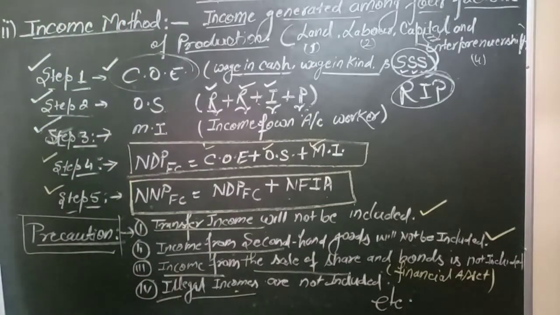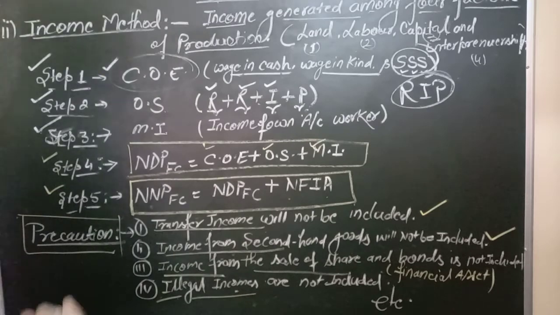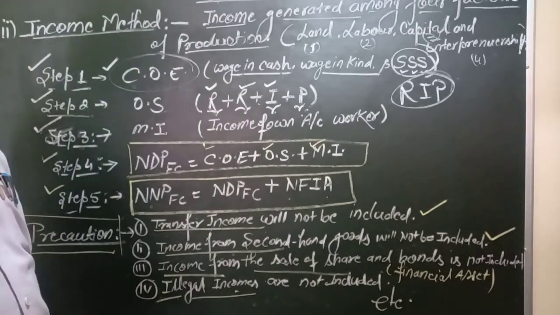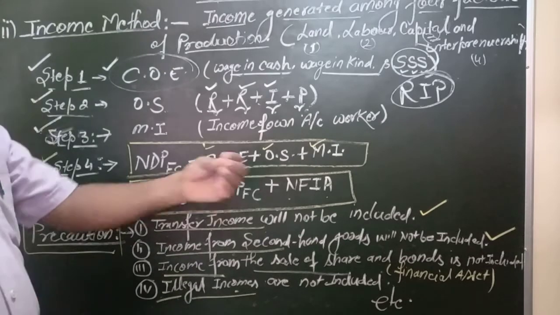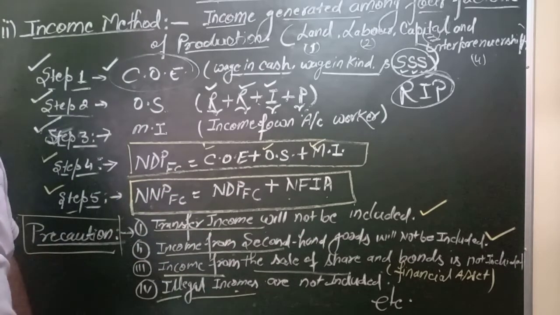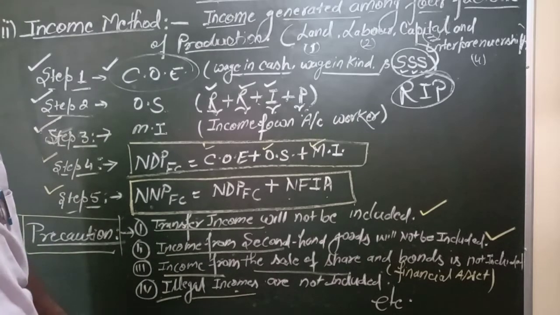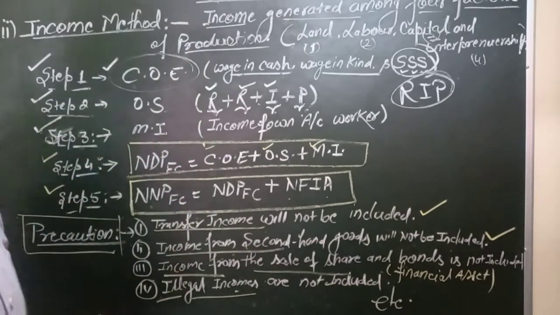The fifth one I told you, income from lotteries or horse racing etc. will not be added. Then indirect taxes are not included. So these all are the things.